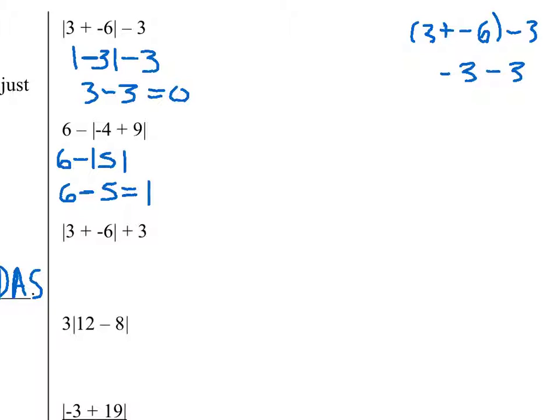Three plus -6, absolute value, plus 3. Okay, what's the first thing that we do? You can do it. What's the first thing we do?